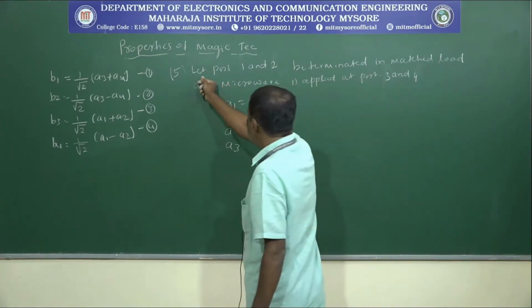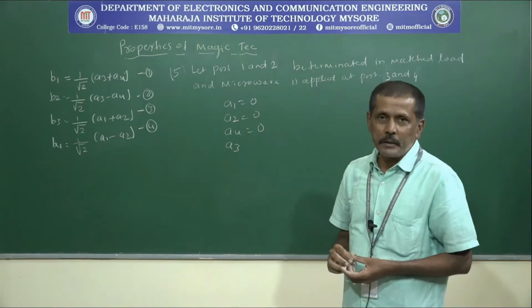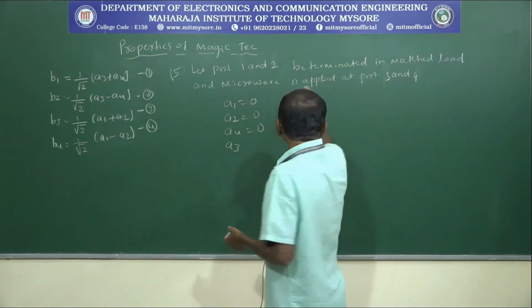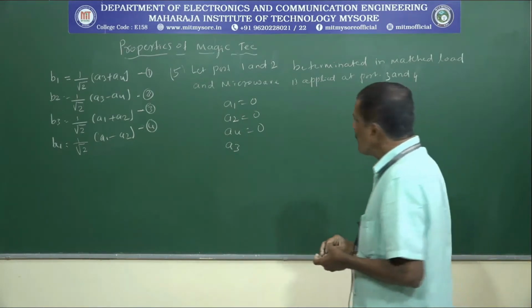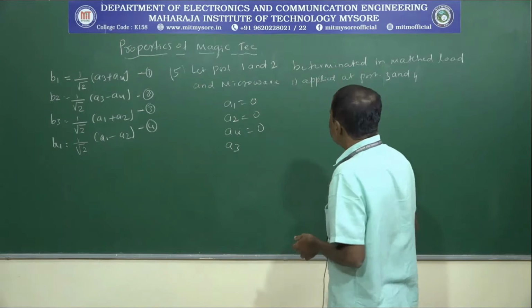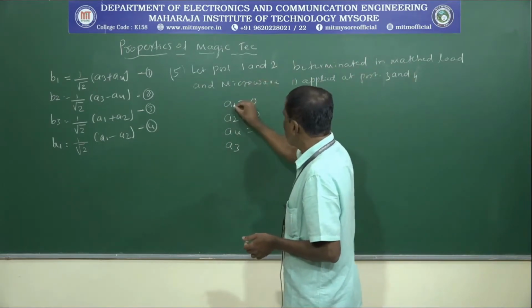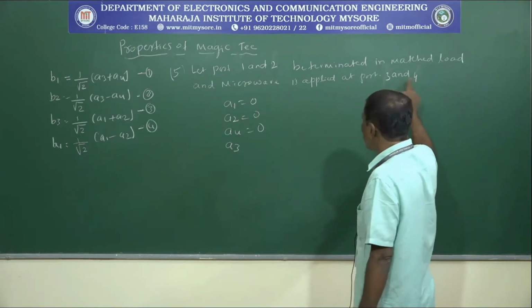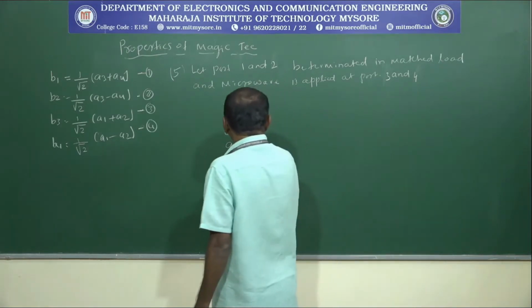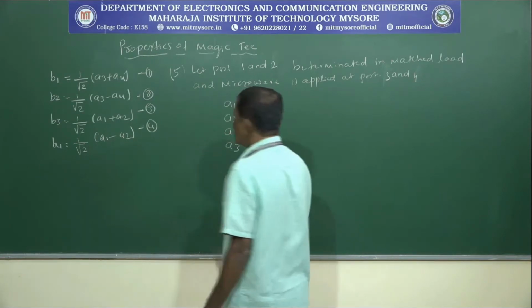In property number 5, let port 1 and 2 be terminated in a matched load and a microwave signal is applied at port 3 and 4. In this particular case, because ports 1 and 2 are terminated in a matched load, A1 equal to 0 and A2 equal to 0, and a microwave signal is applied at ports 3 and 4, so A4 is not equal to 0 and A3 is not equal to 0.